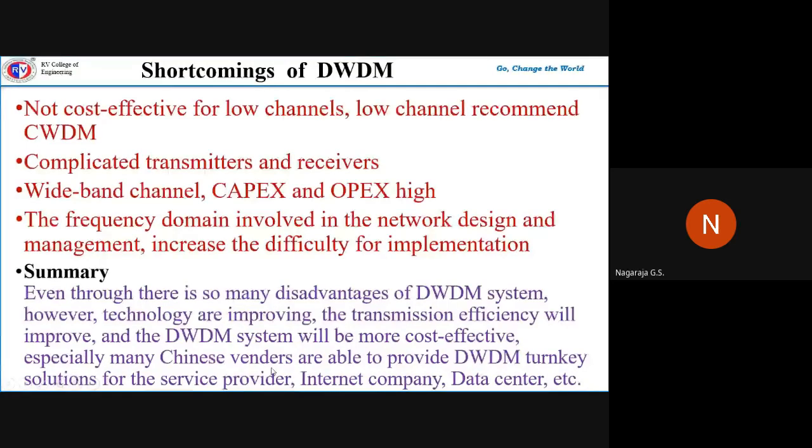Many Chinese vendors are able to provide DWDM turnkey solutions for service providers, internet companies, data centers, and so on. It is not only Chinese companies; any global company that wants better speed and quality looks to fiber optics altogether, and adopts WDM and DWDM techniques.